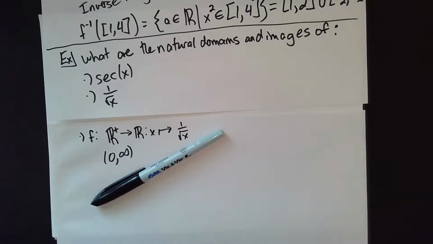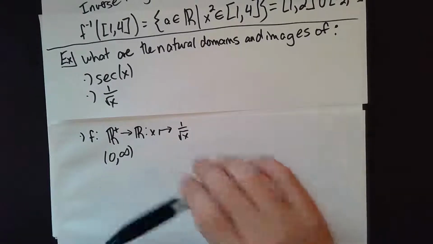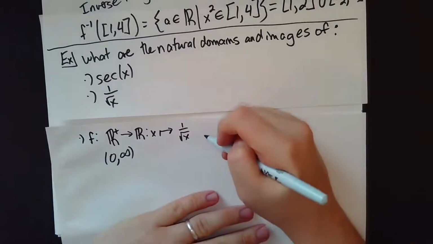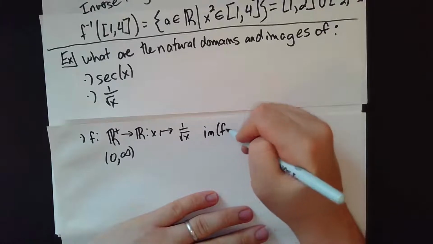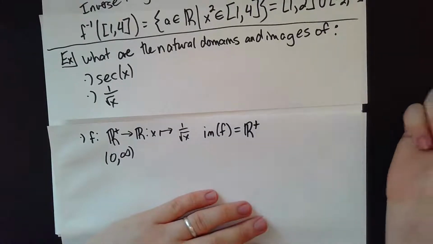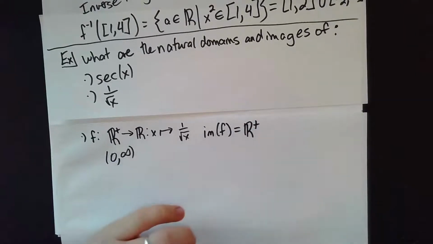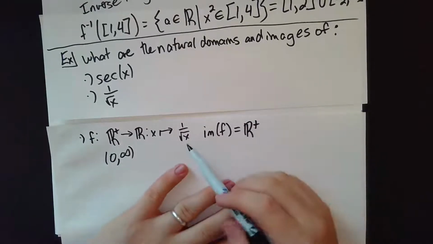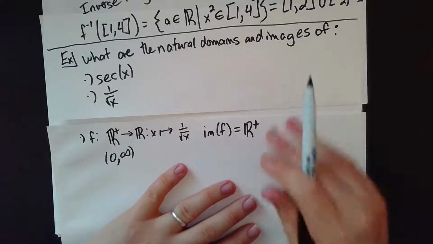And now, all at once, everyone agrees. R plus. Yes, this is also R plus, right? The image of this function is R plus. Namely, I can get out every positive real number from this function.